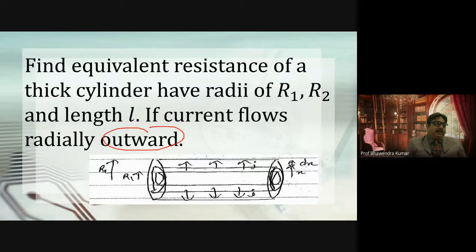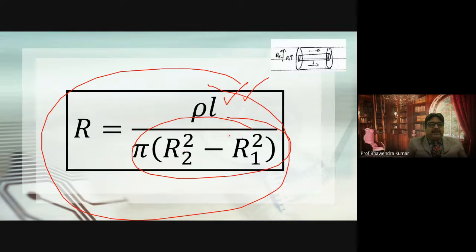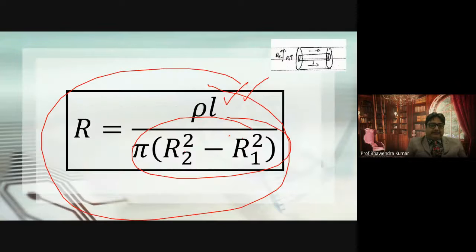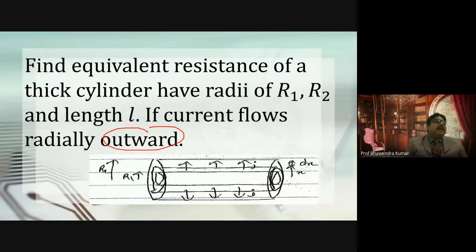What is the problem? Earlier, when we considered its cross section, I found a uniform cross sectional area, right? Wherever I make a cut, I find the same area, and that is pi into R2 square minus R1 square. Now in this case, the area of cross section is not uniform.